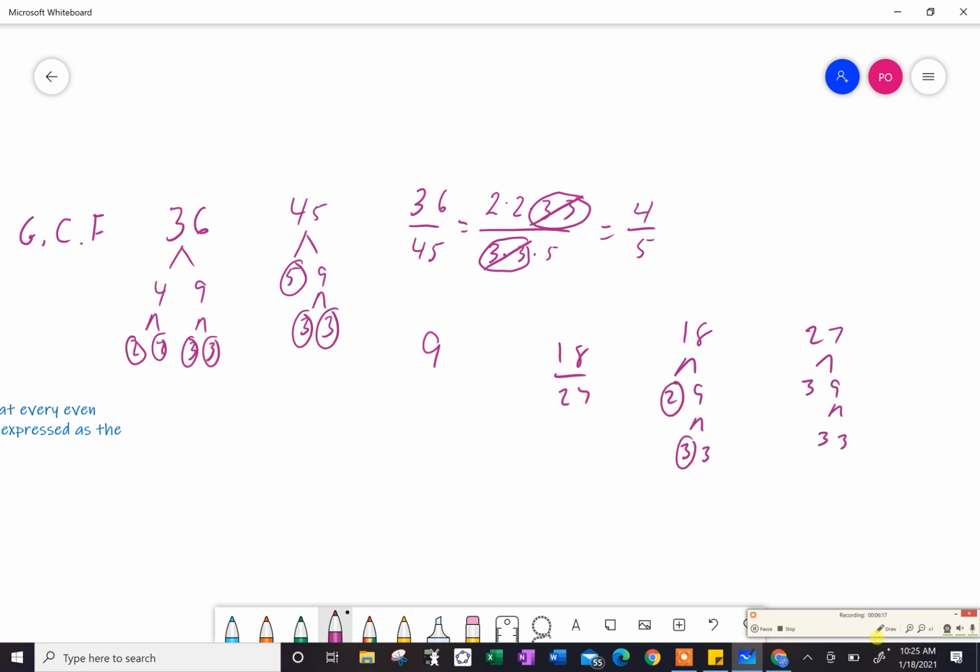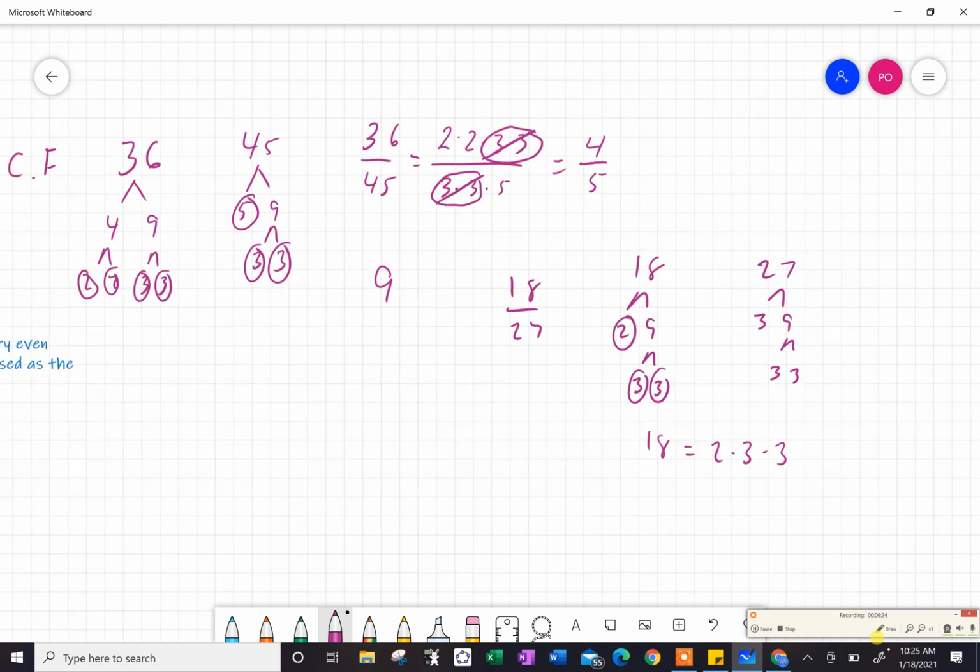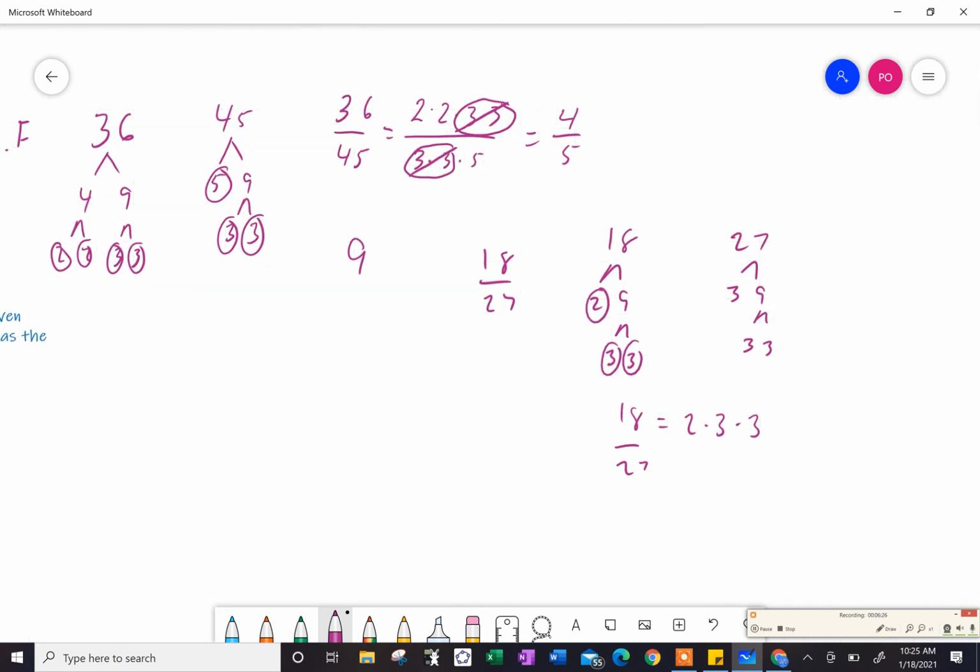So 18 is really 2 times 3 times 3. 2 times 3 is 6, times 3 is 18. 27 is really 3 times 3 times 3. Their greatest common factor is 9. Which means if I want to simplify this, I would just divide 9 by 9 and get 1.